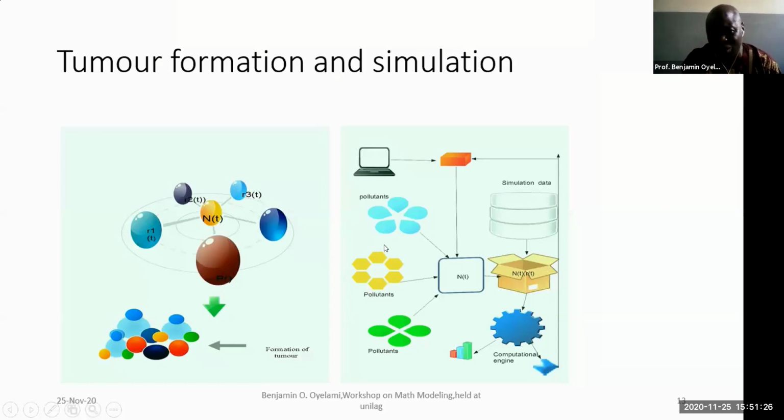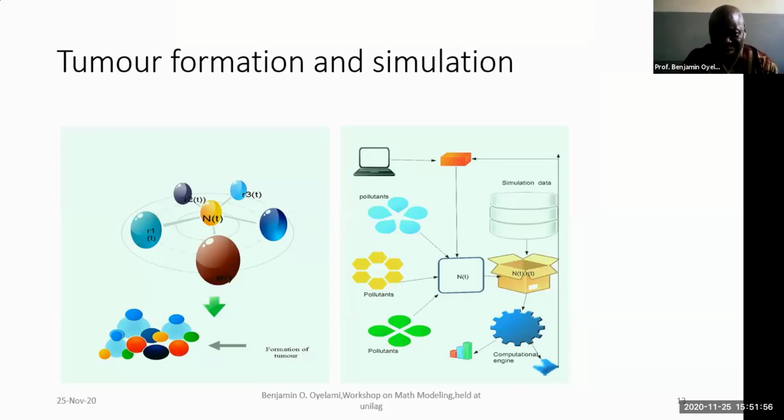And for us to be able to design modeling tools, because I tell you, simulation tools help us to monitor the growth of the thing, we have to design a simulation experiment. That means we first of all come up with a model and then see how we can write some computer programs which will allow us to test how this cell is growing within the body.